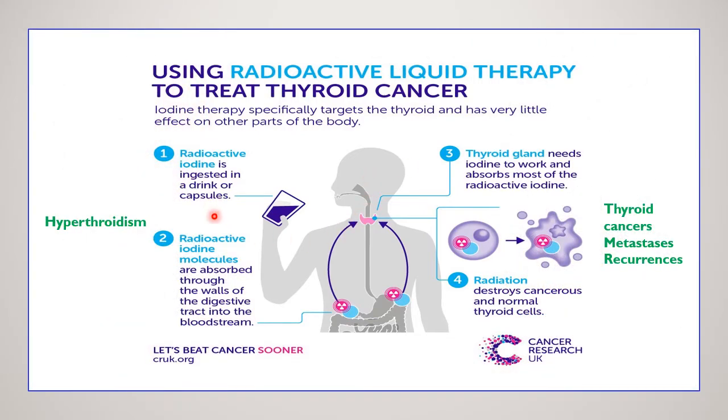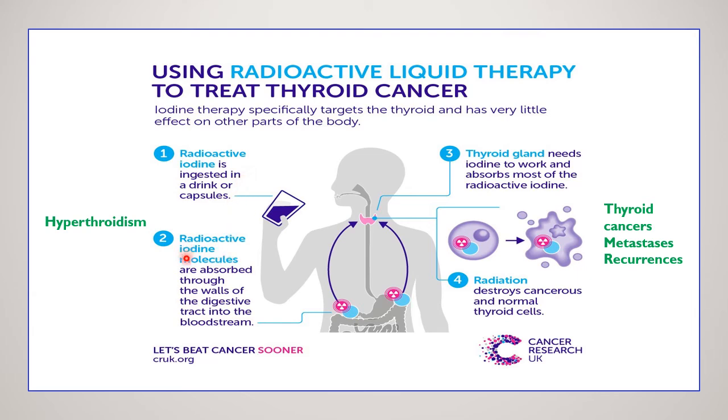Okay, this diagram shows you the next modality of treatment for thyroid cancer, the radioactive iodine therapy. Iodine therapy specifically targets the thyroid and has very little effect on other parts of the body, as the cells in other tissues rarely take up iodine. The radioiodine is now taken as a drink or capsule. It is very much easier to take radioiodine these days compared to previously when it had to be given intravenously, with higher exposure to radiation.